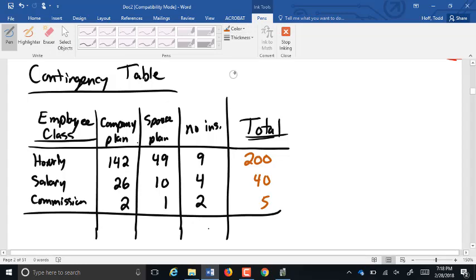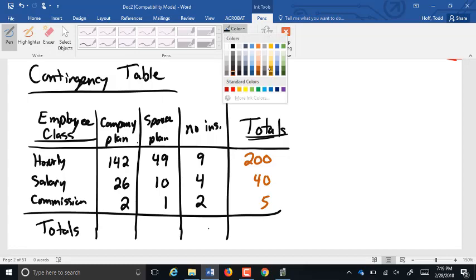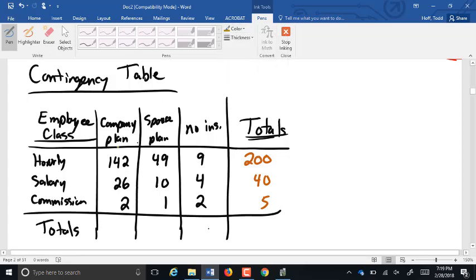We also need the column totals. For the company plan, we add those up. 142 plus 26 plus 2 is 170. Spousal plan, 49 plus 10 plus 1 is 60.